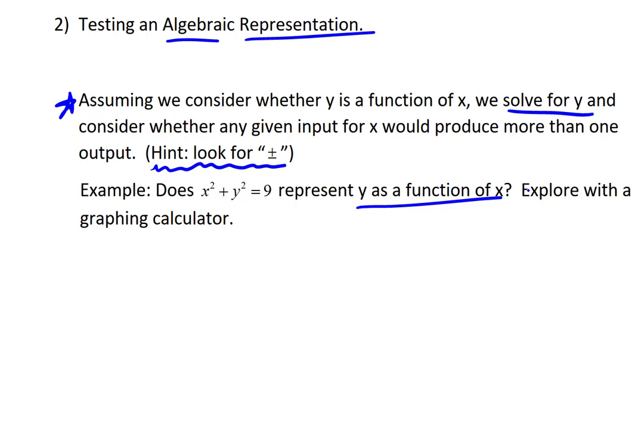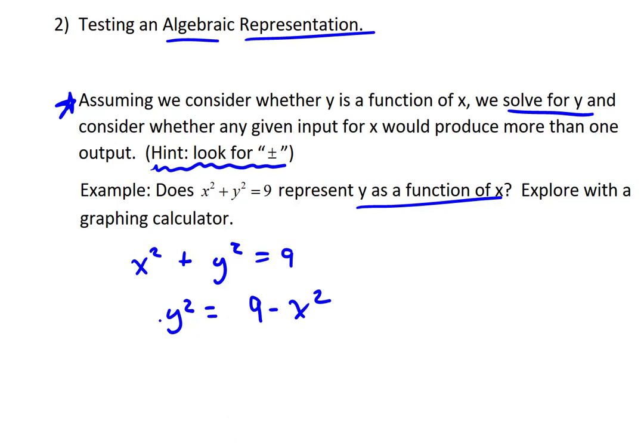We're going to explore it first algebraically and then in a graphing calculator to see how this applies. As we mentioned, our basic steps are to solve for y, so let me copy our function down as x squared plus y squared equals 9. To solve this for y, we'll start by getting y squared alone. So y squared would equal 9 minus x squared if we subtract x squared from both sides.